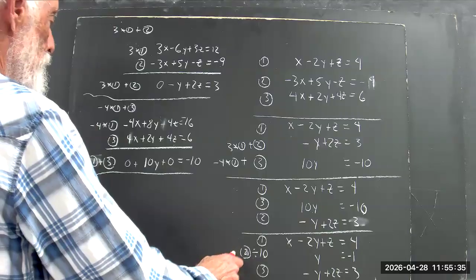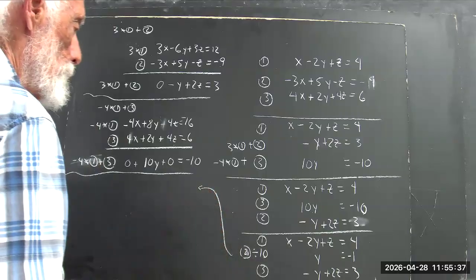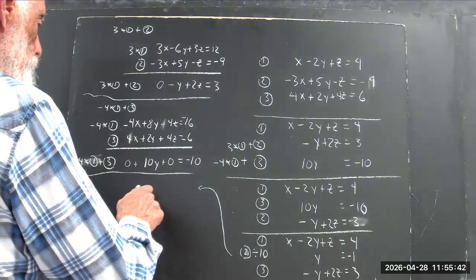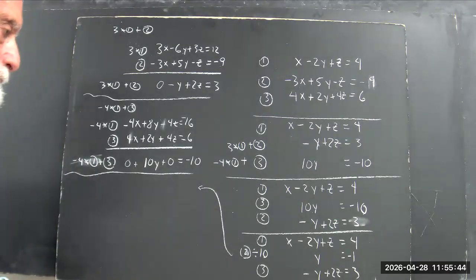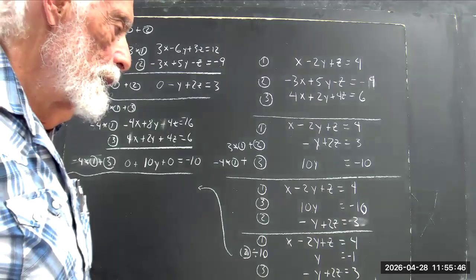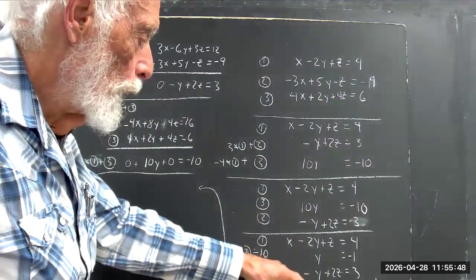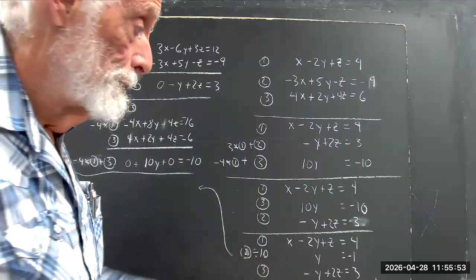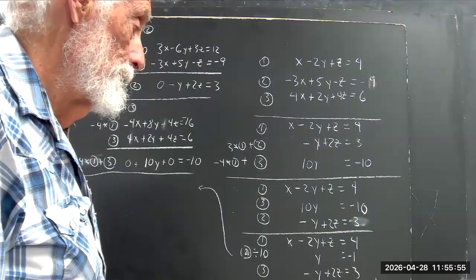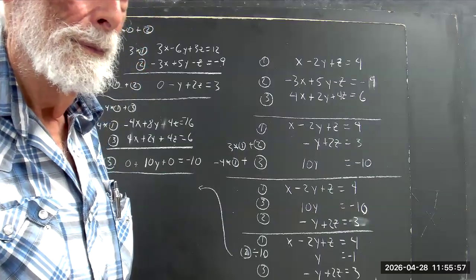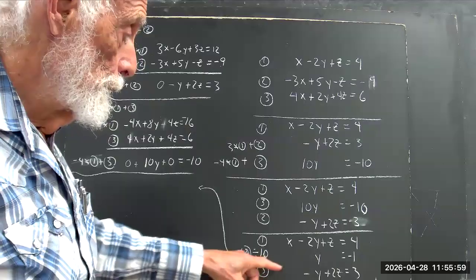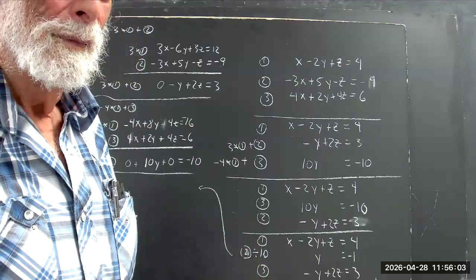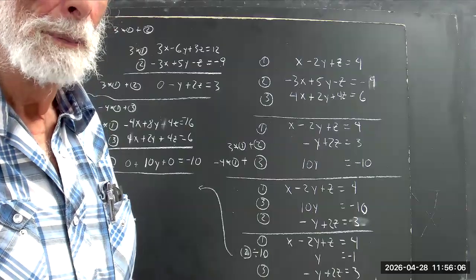Now, at this stage, what would you do to eliminate y between these two equations? What would you do to equation 2 and equation 3 to eliminate y? Well, you would just add them, wouldn't you?